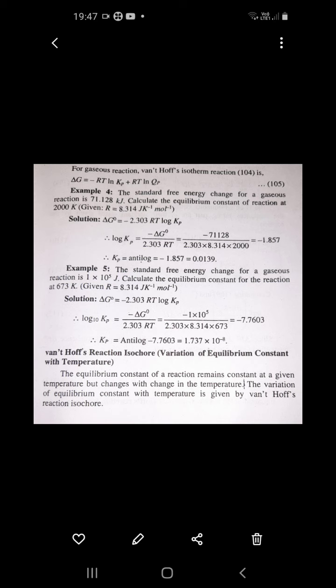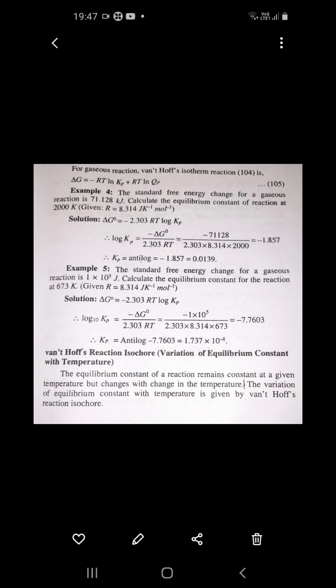Again this is the same type of numerical. The standard free energy change for a gaseous reaction is 1 into 10 raised to 5 joule. That is, delta G0 is given, which is 1 into 10 raised to 5 joule. Calculate the equilibrium constant for the reaction at 673 Kelvin. What have they given again?